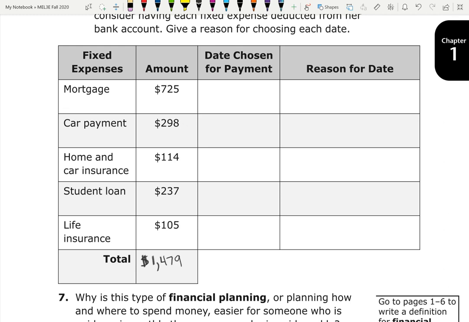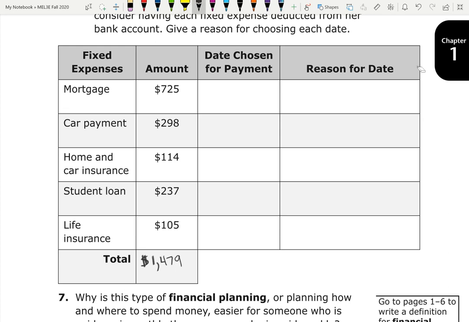You don't want to completely waste your entire paycheck on expenses. You want some savings. You may have other events occurring, and so you may need some money for that. So I'm not going to drain her entire pay on all of these fixed expenses. So I'm going to spread it out.